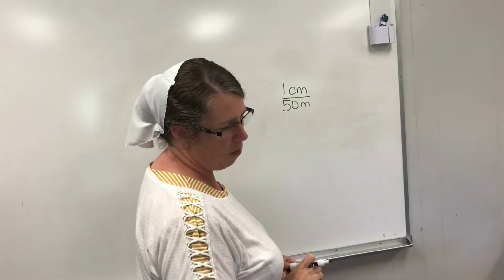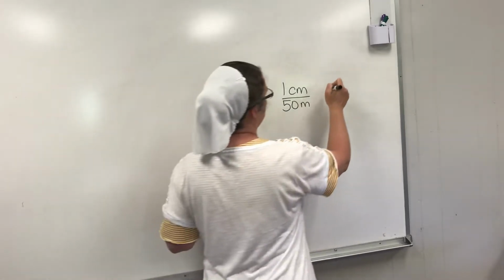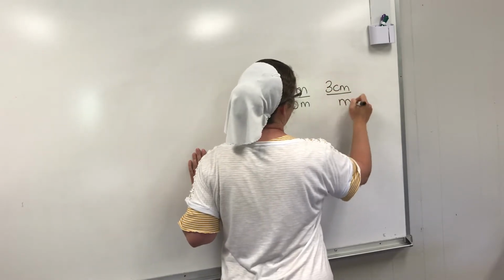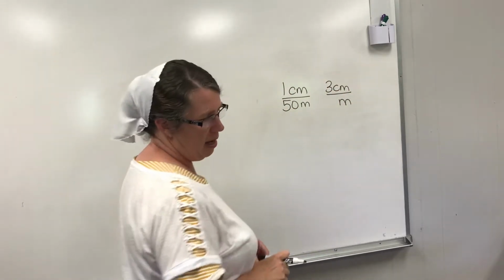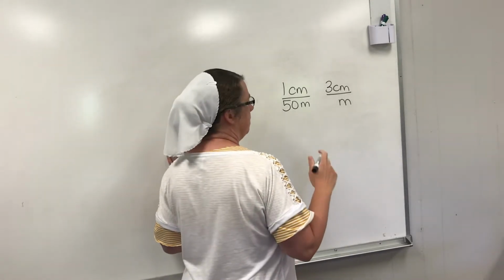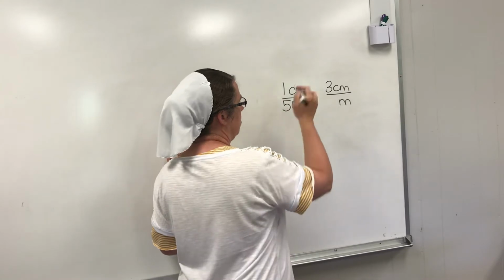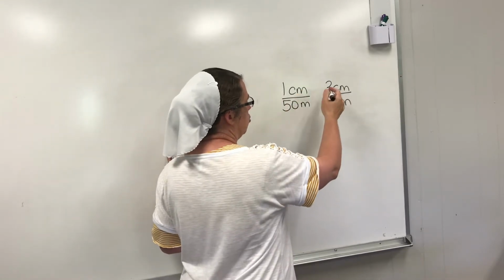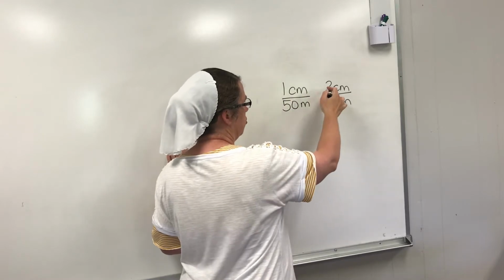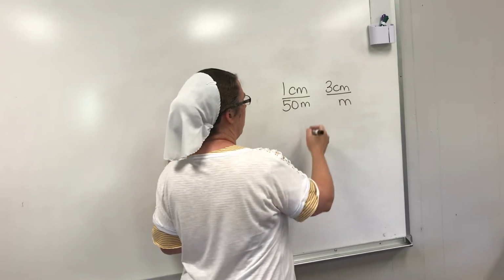How tall is the tower that is 3 centimeters tall? So we're finding a new meter, and they want to know how tall a building would be if it was 1 centimeter to 50. And so you need to set up a proportion and then cross multiply. You go 3 times 50 divided by 1.